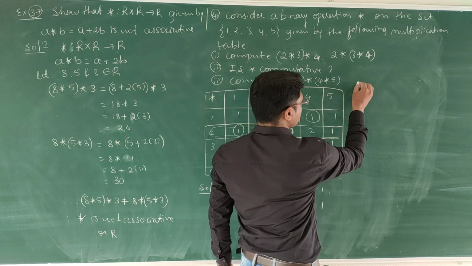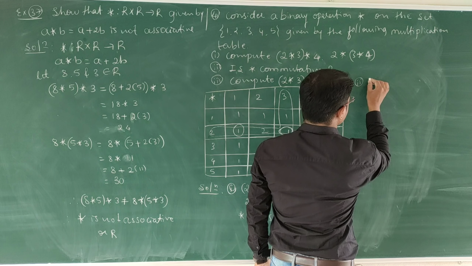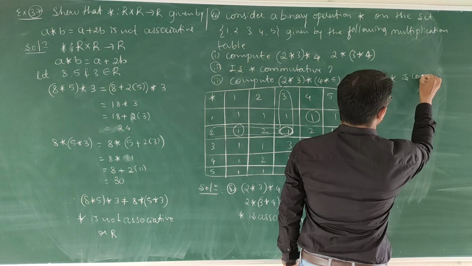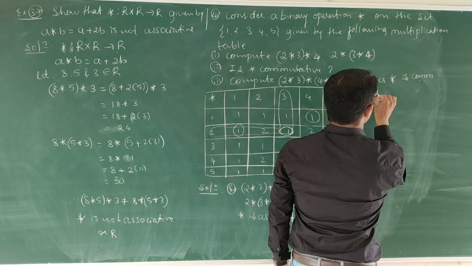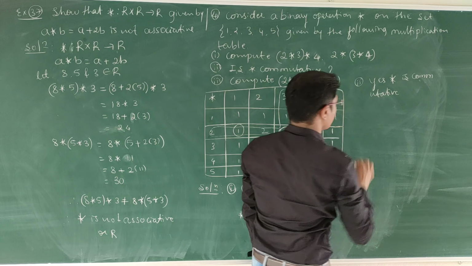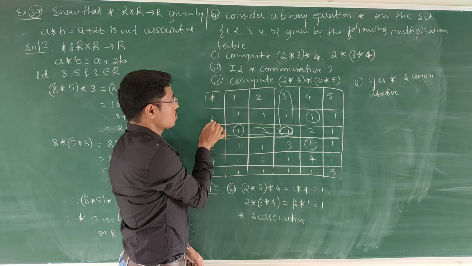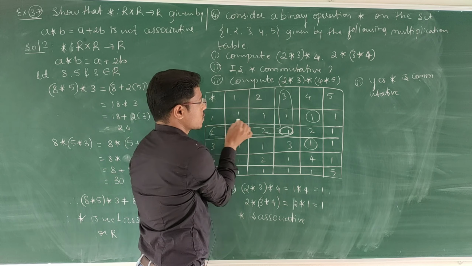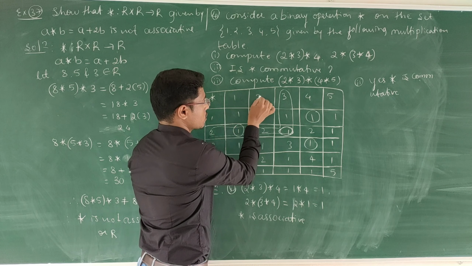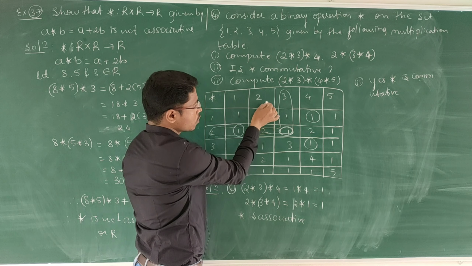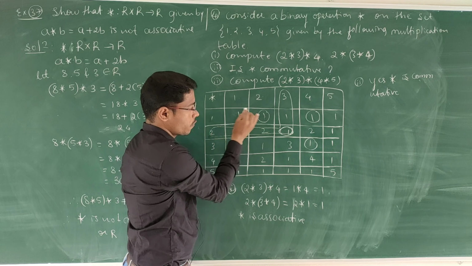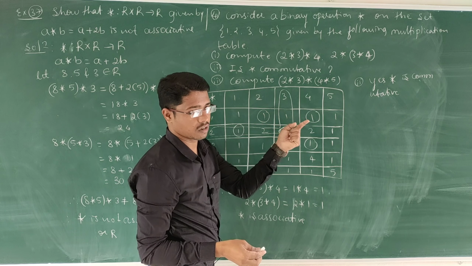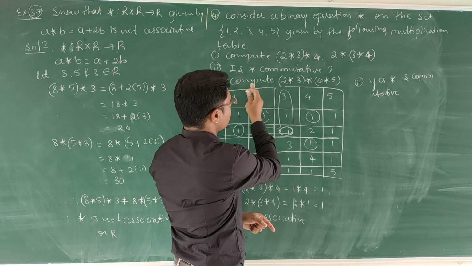They asked the question. Yes, star is commutative. See here why it is commutative. Let us check: 1 star 1 is 1, 1 star 2 is 1, and 2 star 1 is 1. Like that we can see star is commutative, right? Next, compute this.